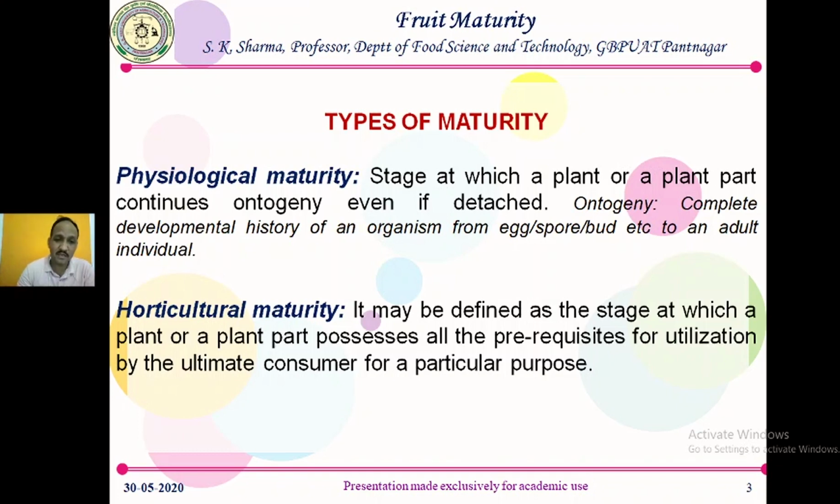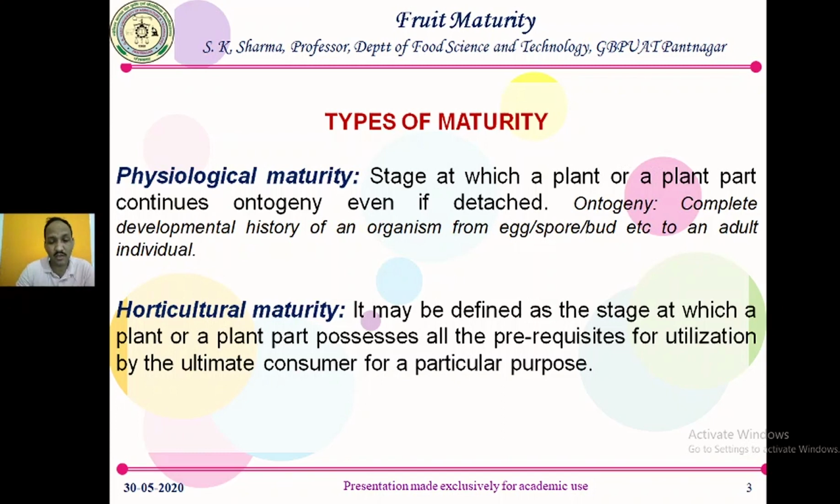Now this is one instance when the consumer is the same, but there are different instances where the purpose will be different. Say for example, you are harvesting tomato. Tomato from a kitchen garden will be harvested at the ripe red stage. All the color has developed, then only I'll be harvesting.